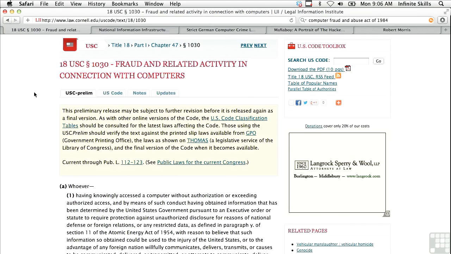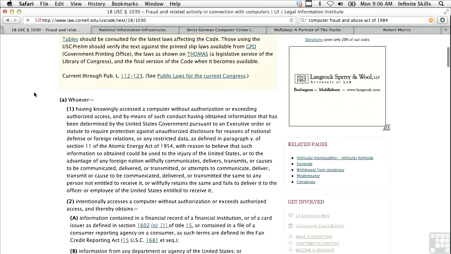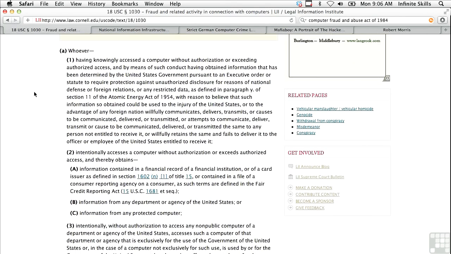The Computer Fraud and Abuse Act was originally passed in 1984 and has been amended a couple of times. One of the important things here is in the very beginning of it: whoever having knowingly accessed a computer without authorization or exceeding authorized access. So they're making illegal unauthorized use of computer systems.